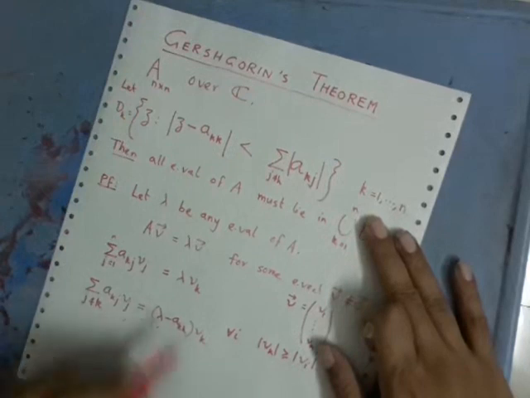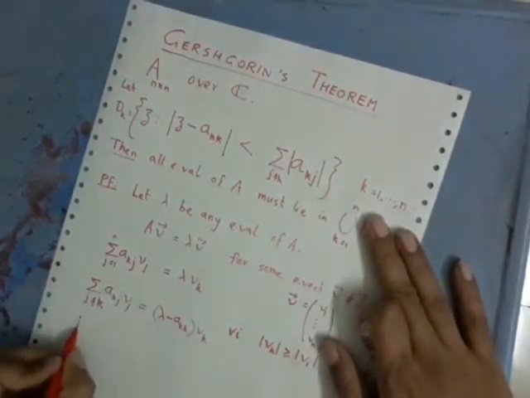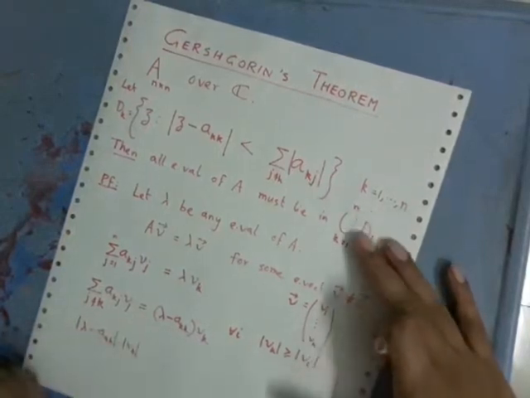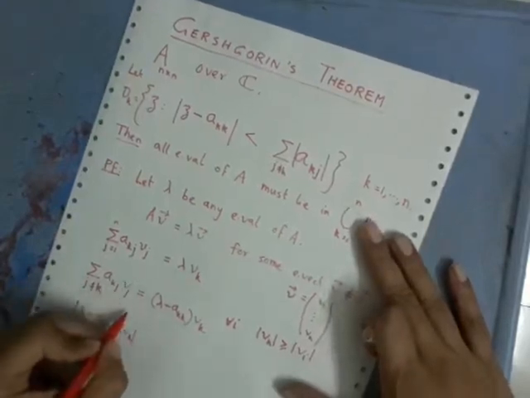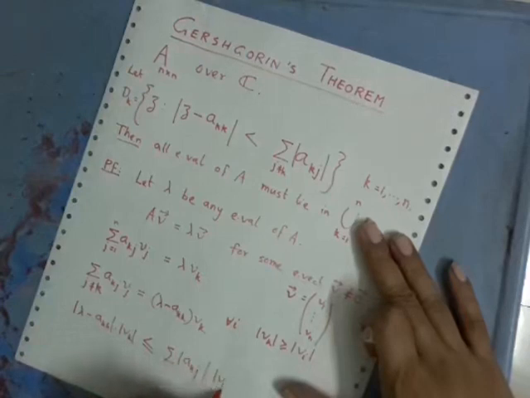Now I am going to take absolute value of both sides. So I will write this first. So |lambda minus A_kk| times the absolute value of Vk is less than or equal to the absolute value of this by triangle inequality, that will be the sum of |A_kj| times |Vj|, j not equal to k.